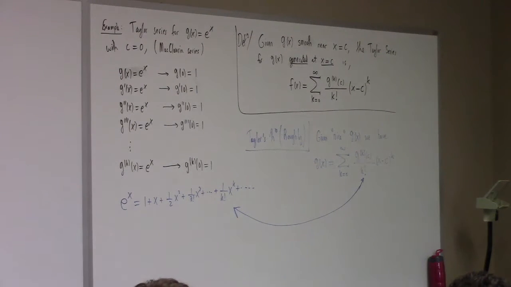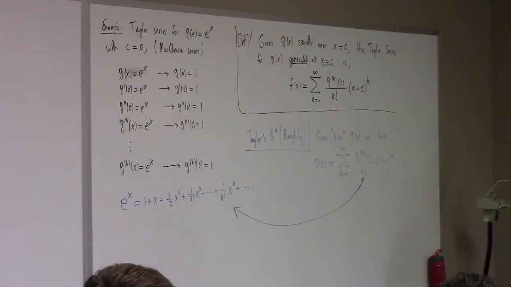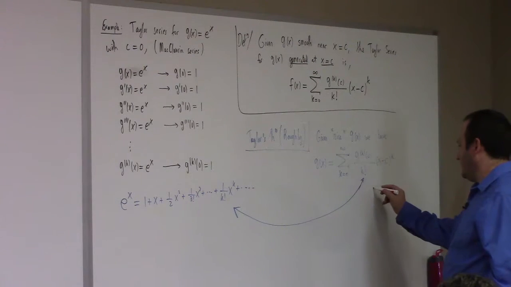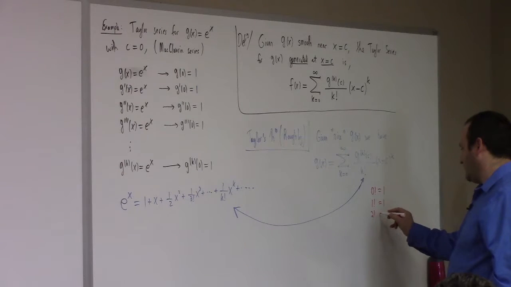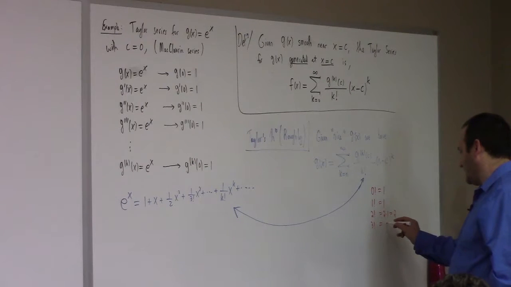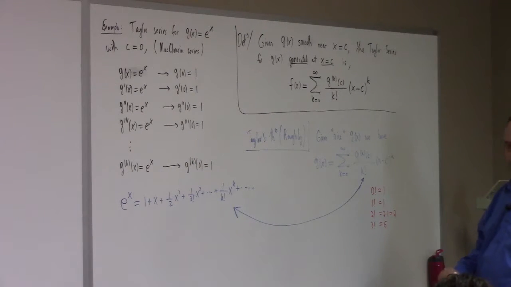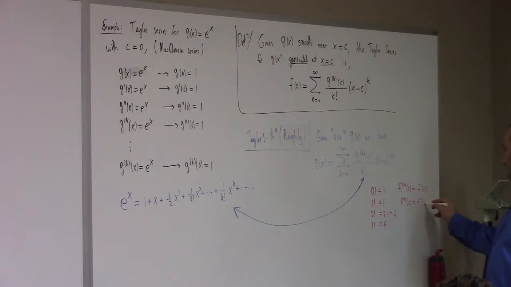There is something else to discuss here. What about 0? What's the 0th derivative? So some special cases: 0 factorial equals 1. 1 factorial equals 1. 2 factorial equals 2 times 1, which is otherwise known as 2. 3 factorial is actually 6. And by the way, the 0th derivative at c is just f of c by definition, whereas the first derivative at c is f prime of c, et cetera.